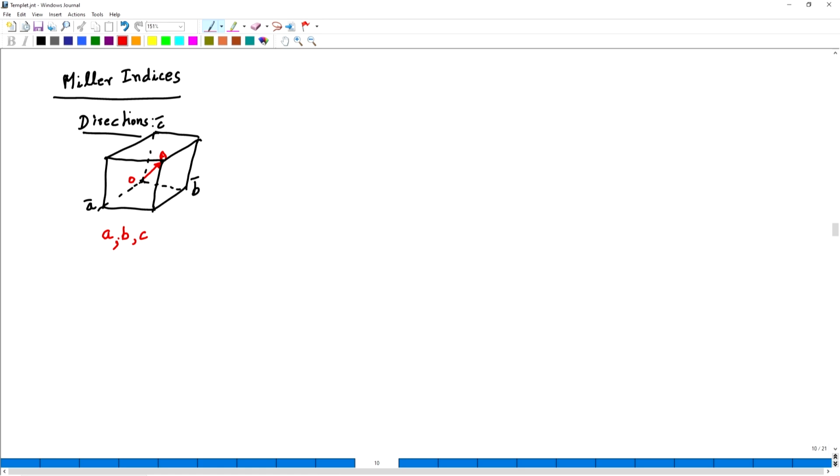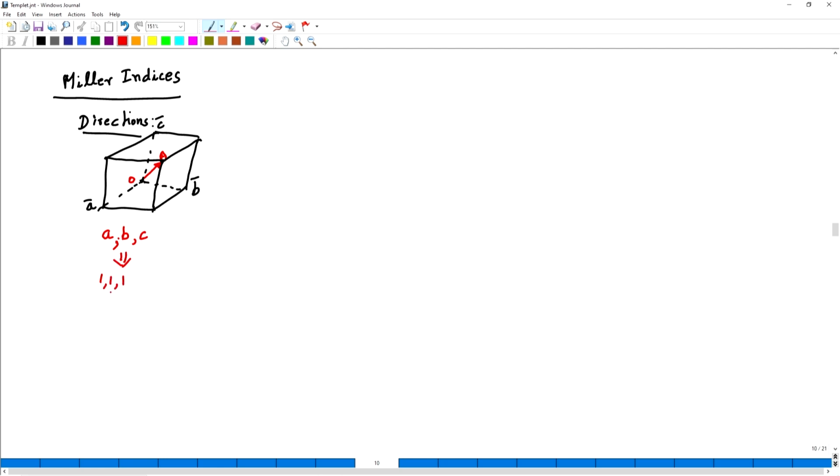But what we do is we make use of fractional coordinates, so that we do not have to specify A, B and C, because A, B, C are specified when you specify a crystal. So, we consider A to be 1 unit, B to be 1 unit, and C to be 1 unit. And therefore, I can simply write the components for this vector OA as 1, 1, 1.